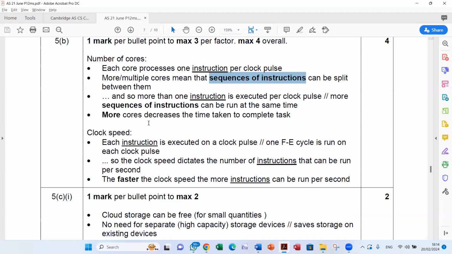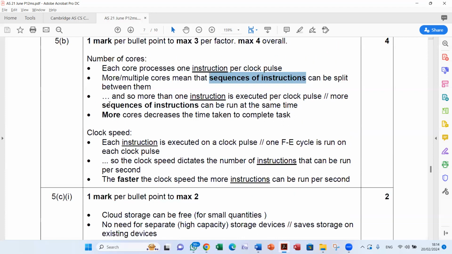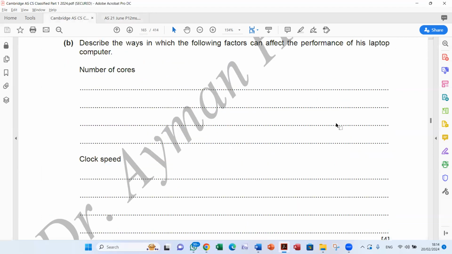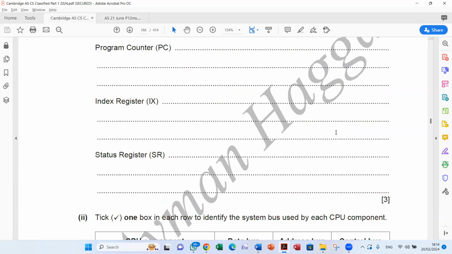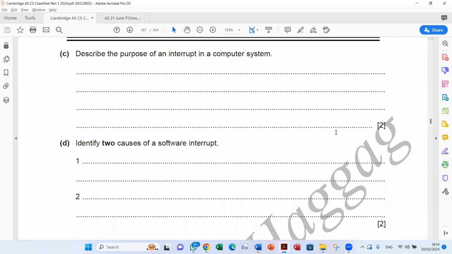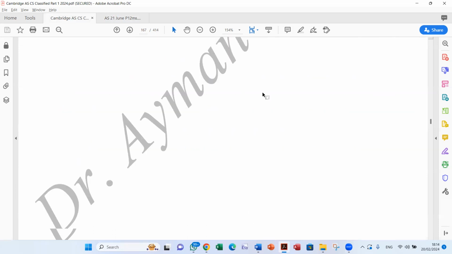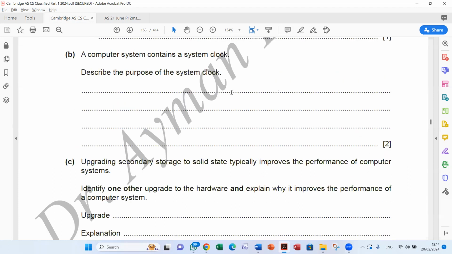The faster the clock speed, the more instructions can be run per second. So please go and solve all these. Memory address register, memory data register, the purpose of the system clock.